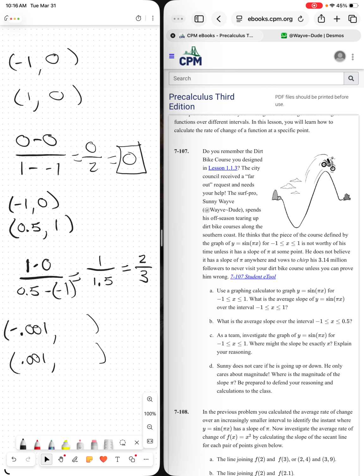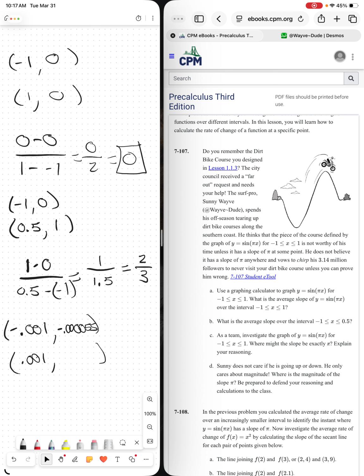You would need a calculator to do this. Make sure that your calculator is in radian mode because you're using pi. If you do the sine of -0.001 times pi, we get -0.000055.